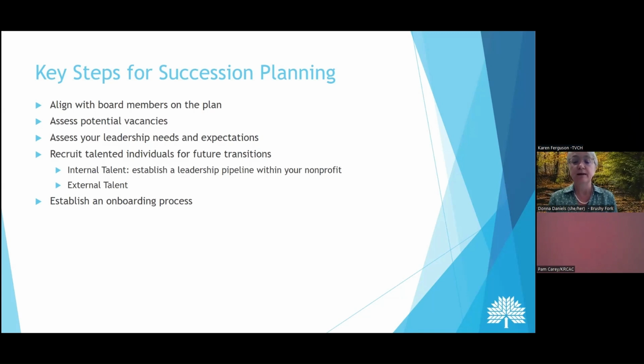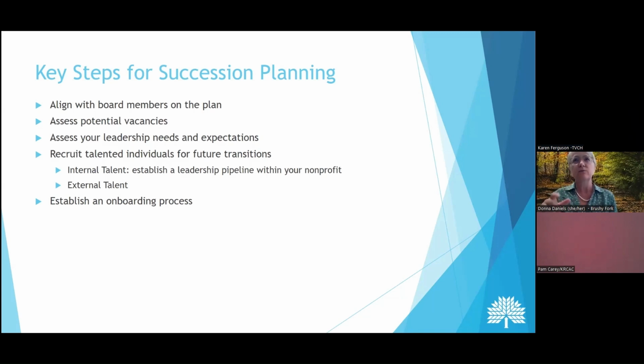And so, developing plans for both the planned retirement of the executive director or other staff, and also dealing with term limits and dealing with unexpected vacancies. And then assessing alignment with the bylaws and ensuring that the bylaws cover all the types of transitions that might happen, and that compliance with those bylaws is maintained.